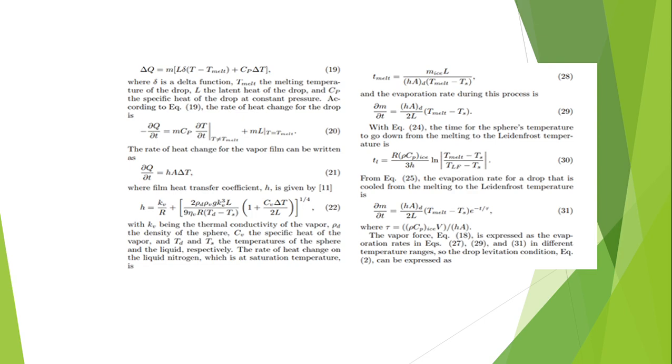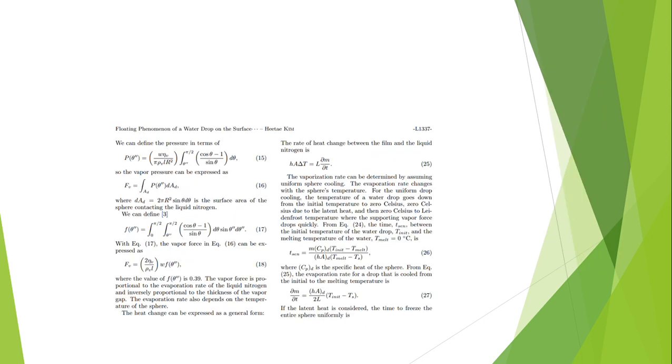Here kV is the thermal conductivity of the vapor, rho d the density of the sphere, Cv the specific heat of the vapor, and Td and Ts the temperature of the sphere and the liquid respectively. The rate of heat change on the liquid nitrogen, which is at saturation temperature, between the film and the liquid nitrogen is HA delta T equals L partial M over partial T.